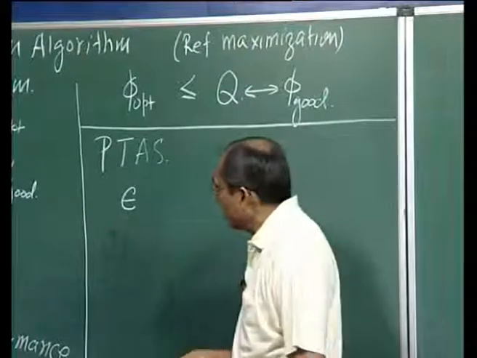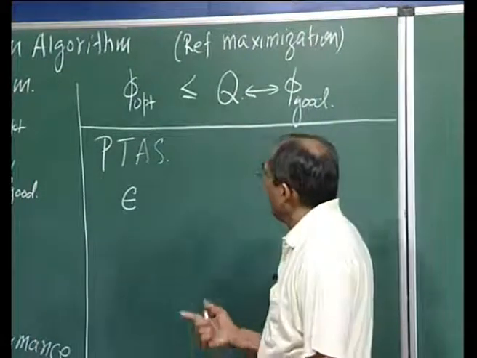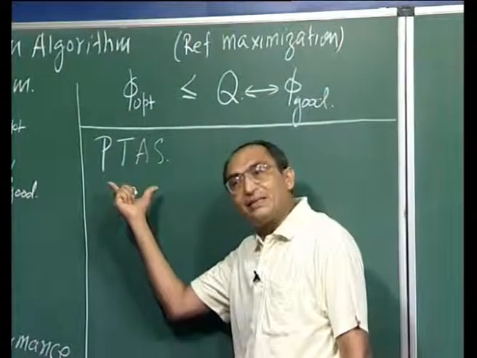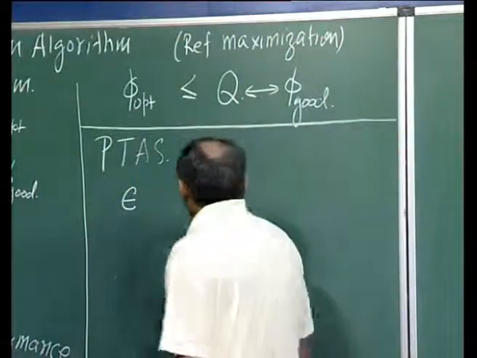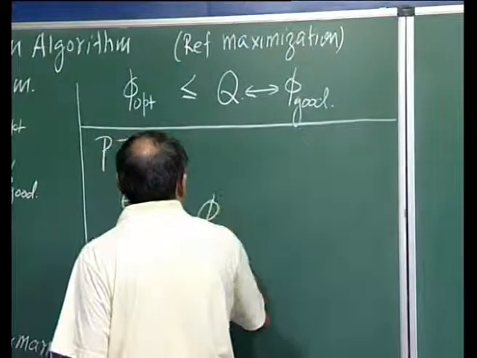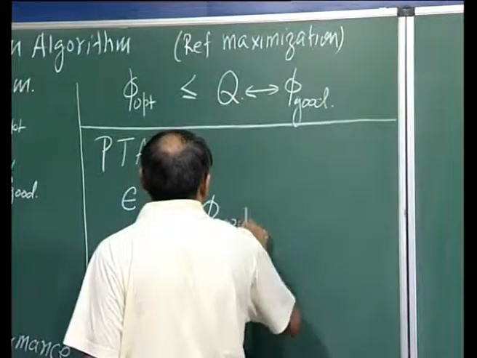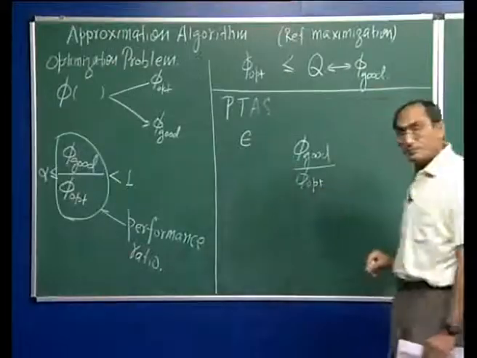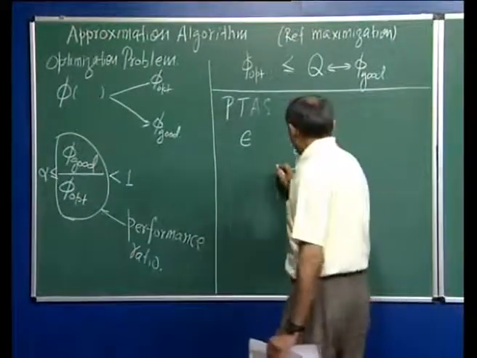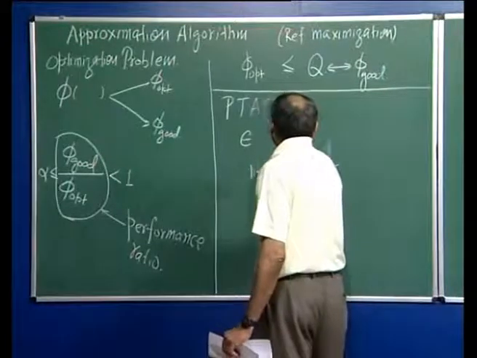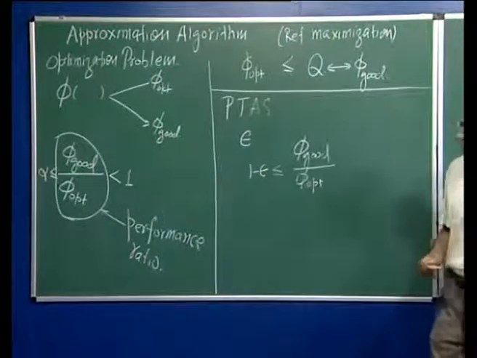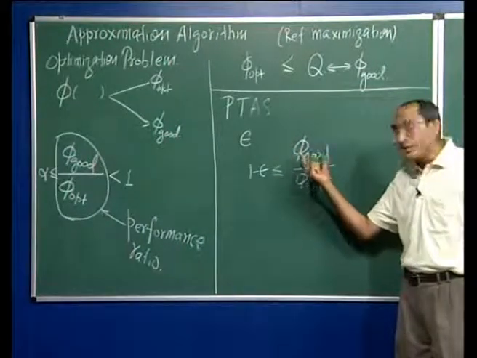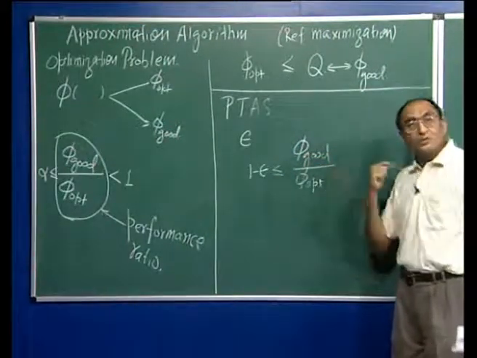Given an epsilon, if we can provide within this scheme a method such that phi good over phi optimal is greater than or equal to 1 minus epsilon. In other words, I can bring phi good arbitrarily close to phi optimal.